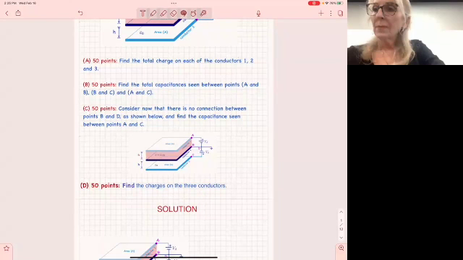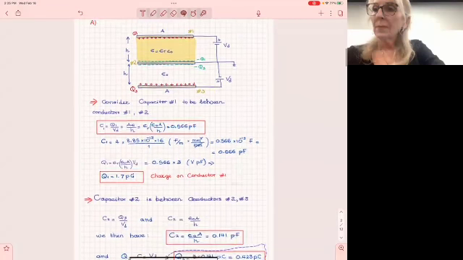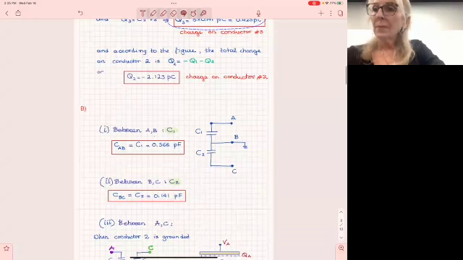They're asking me to find the capacitances. And I'm not going to stay with this three-dimensional structure, right? That's why we go to capacitance. We don't have to go to a three-dimensional structure, which is complicated. So I'm going to create this simple circuit. Do you know how to find the capacitances in this simple circuit?